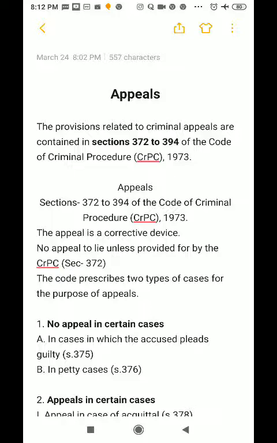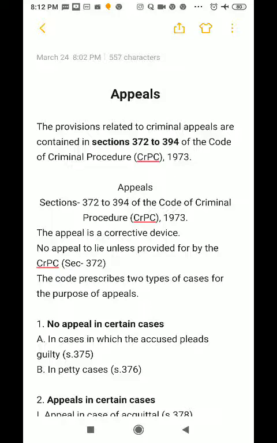So, the main objective of keeping this chapter or sections is to correct the errors. So, appeal acts as a corrective device. Now, let us know about the sections of appeals.